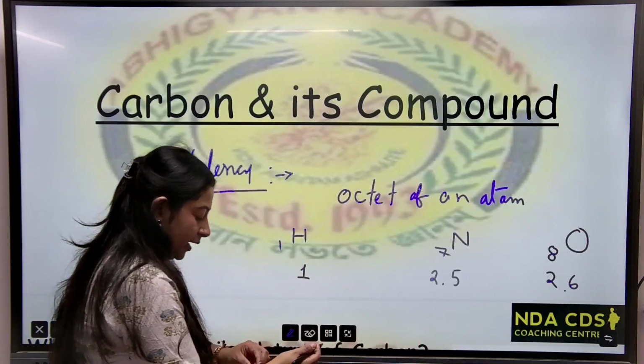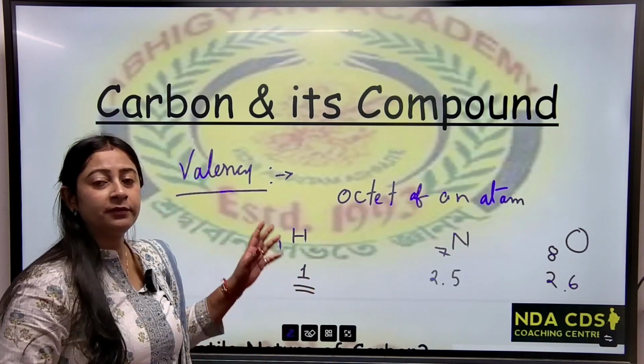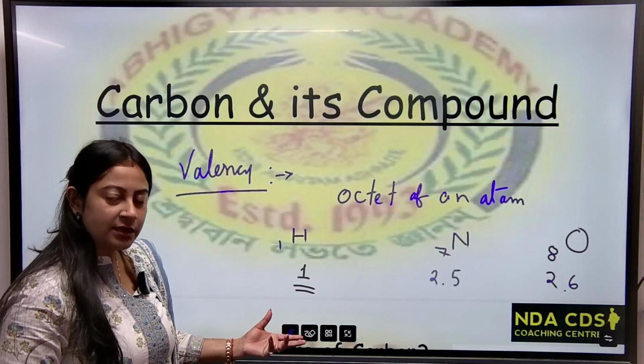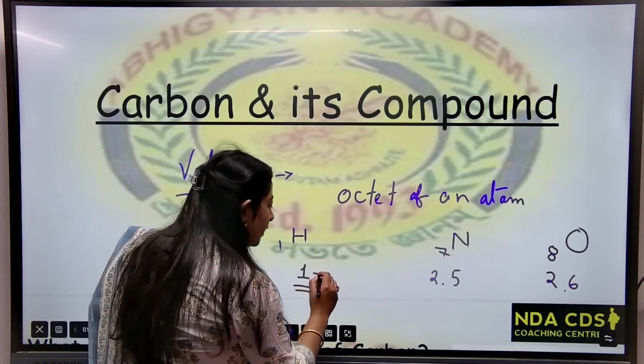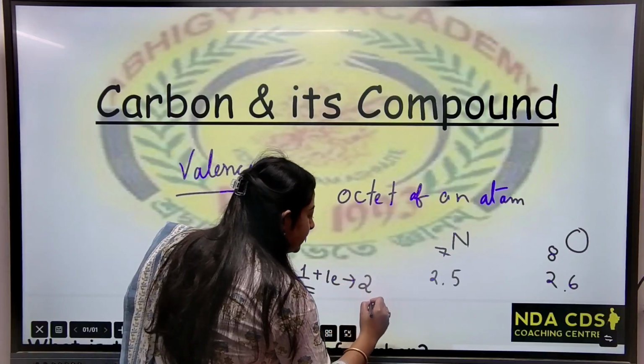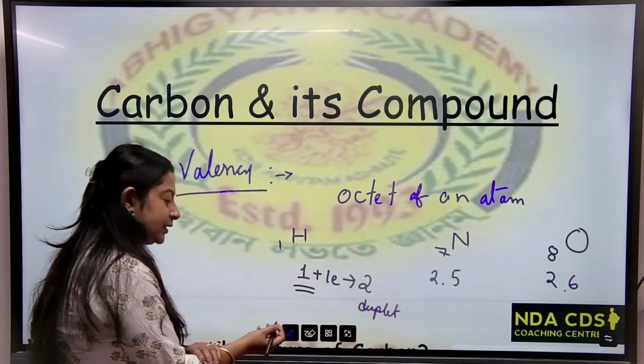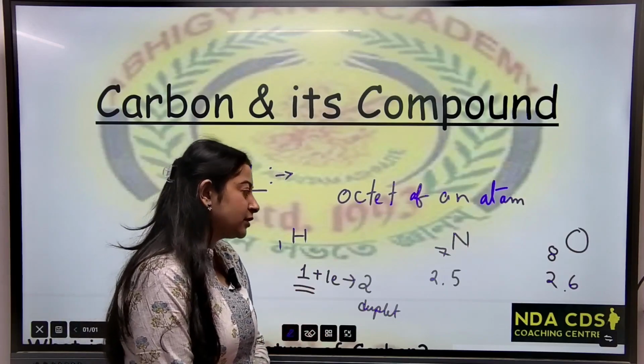Now, hydrogen has only one electron, so its valency is 1. It belongs to the first group. Why is its valency 1? Because it requires one more electron to complete its duplet.